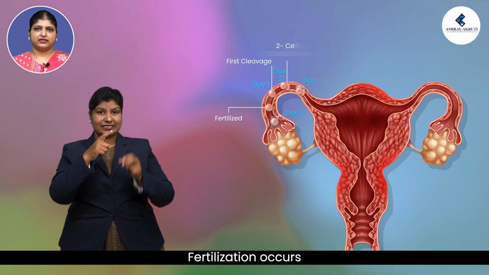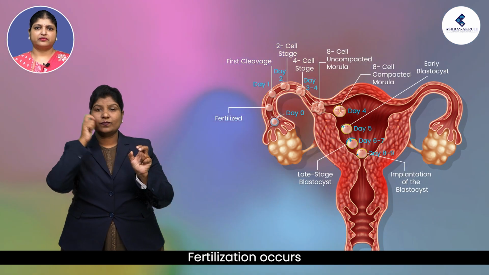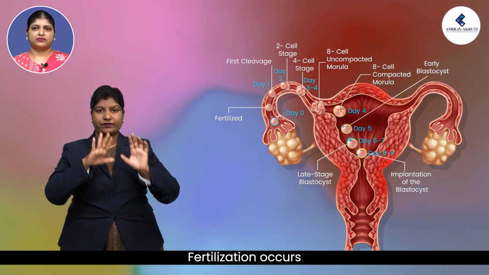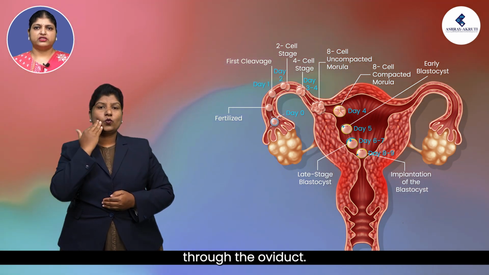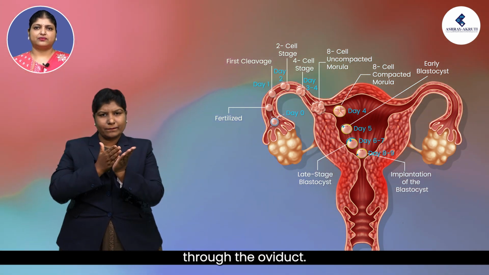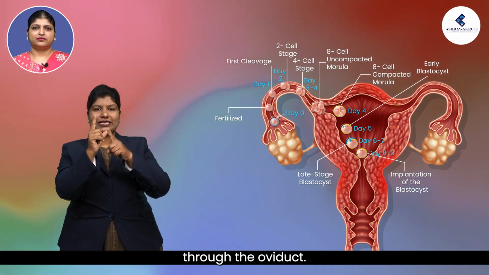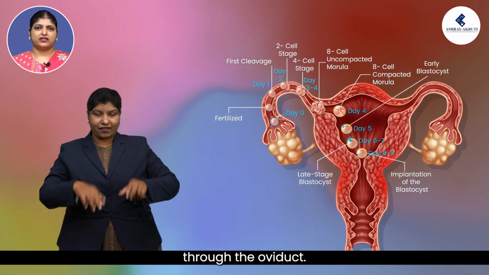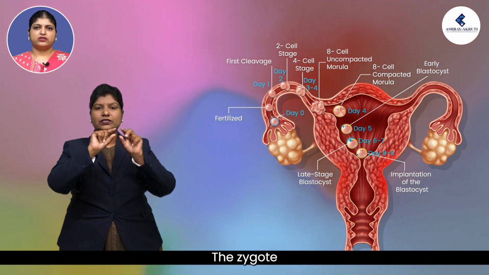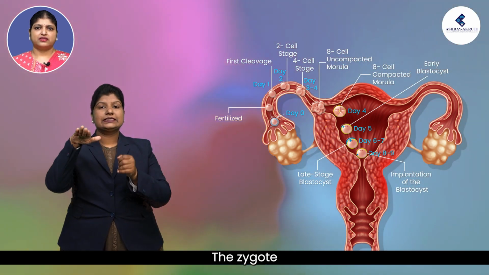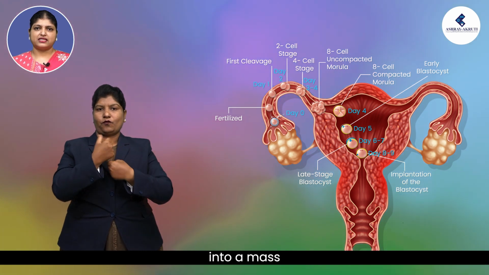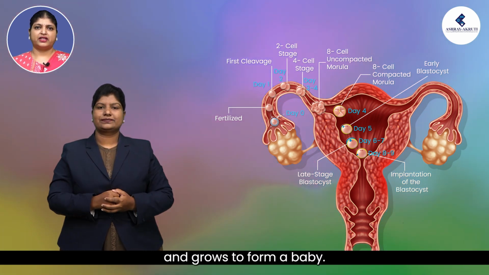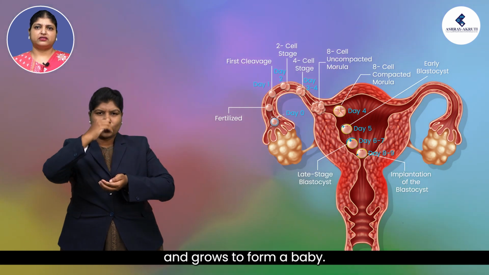Fertilization occurs when the ovum passes through the oviduct. The zygote resulted is formed into a mass and grows to form a baby.